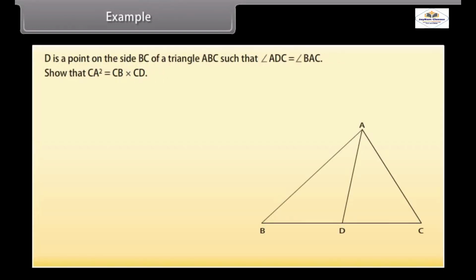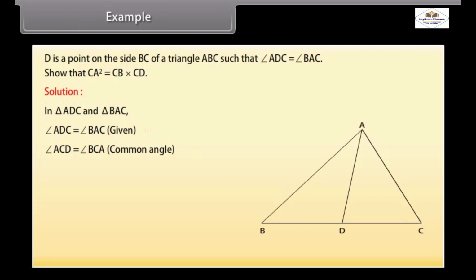D is a point on the side BC of a triangle ABC such that angle ADC is equal to angle BAC. Show that CA square equals CB into CD. Solution. In triangles ADC and BAC, angle ADC equals angle BAC is given.